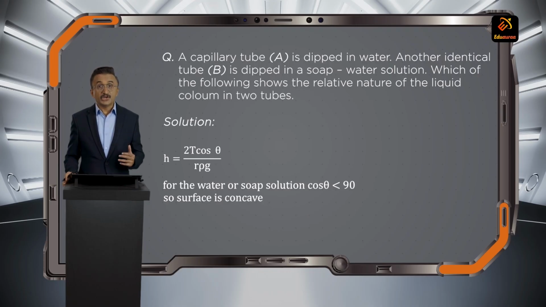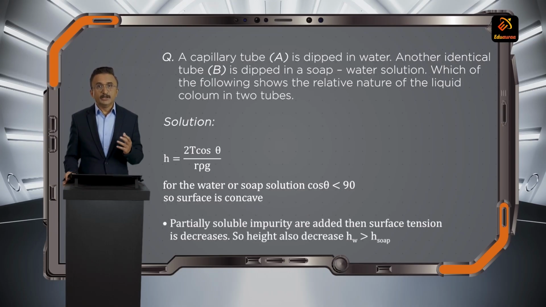Now the surface tension of soap solution is less than the surface tension of water, because we have studied that when partially soluble impurities are added, the surface tension decreases.